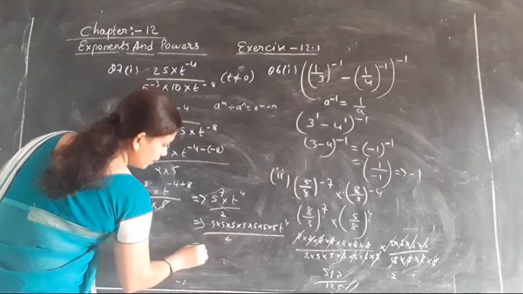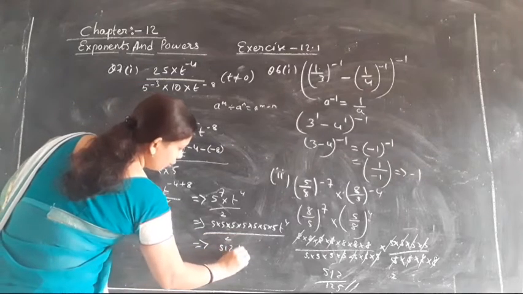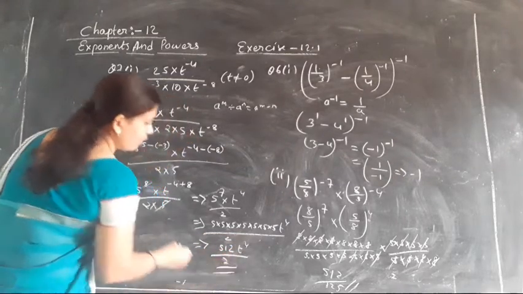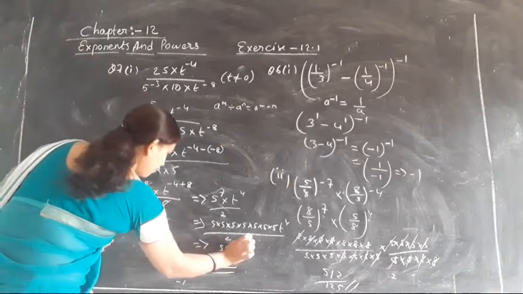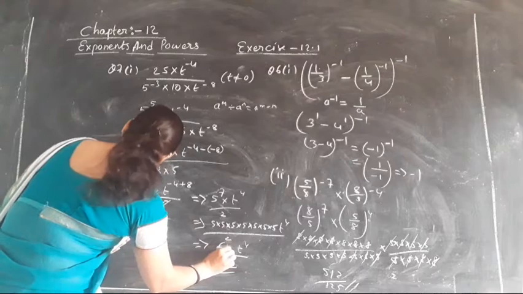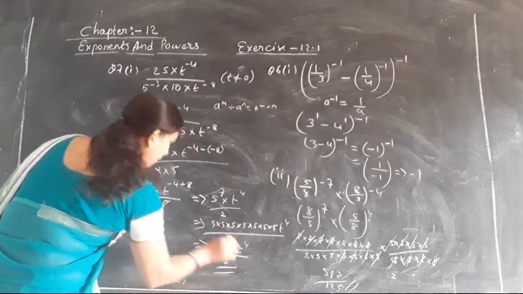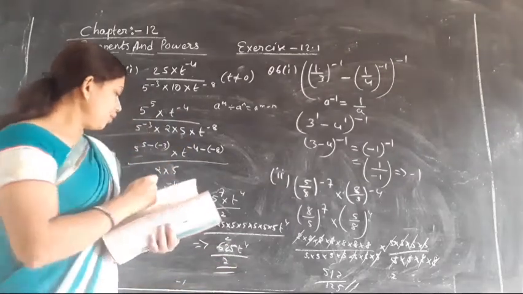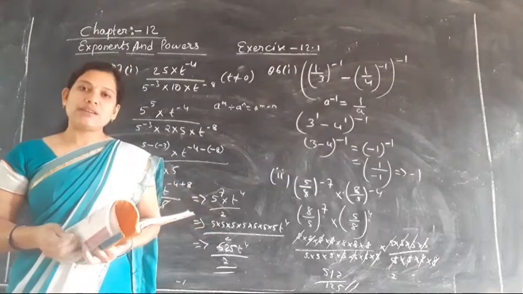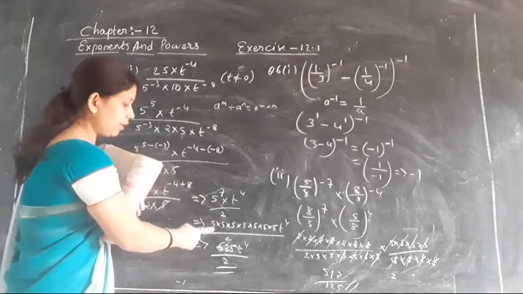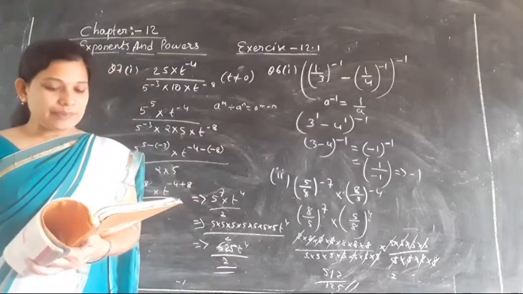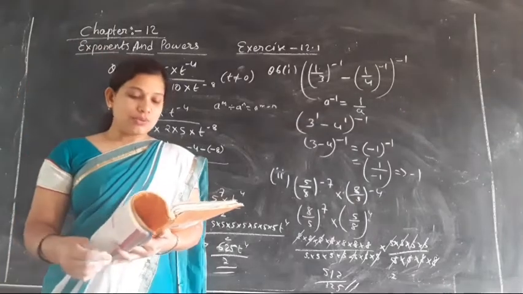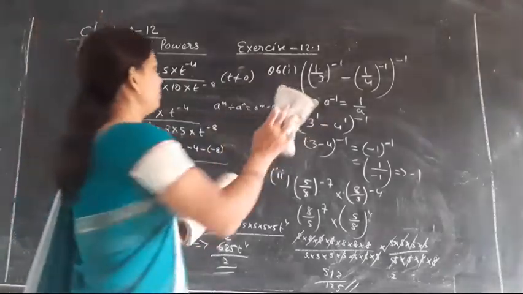So multiplying that number, 625 t to the power 4 upon 2 is the required answer. When expanding, meaning when you multiply it, it is 625. Okay, understood so far? Moving toward the last part of this question.